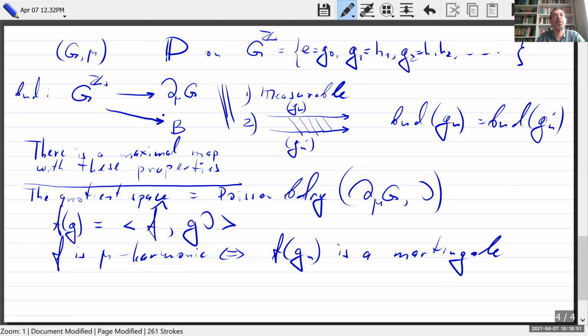So it means that if we have a map with this property to a certain space B, then actually this space B is a quotient of the Poisson boundary. Did I answer? Yes, thank you.